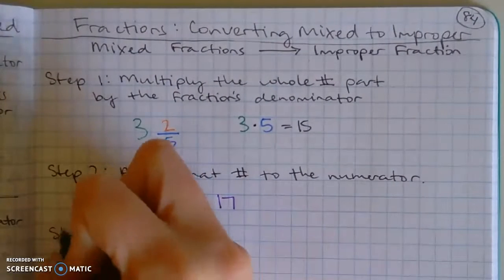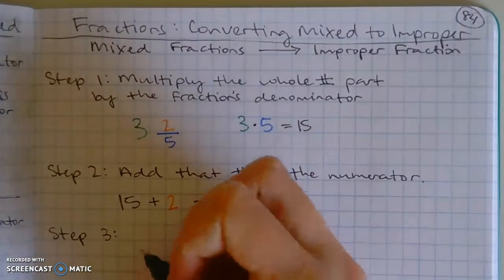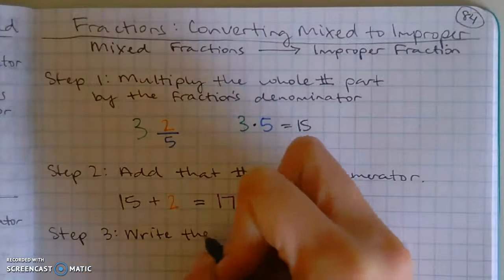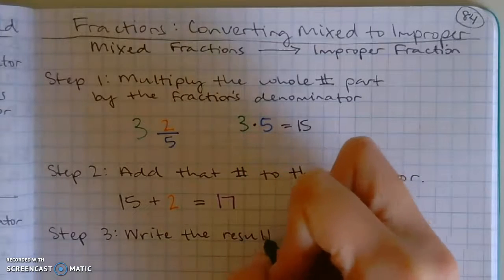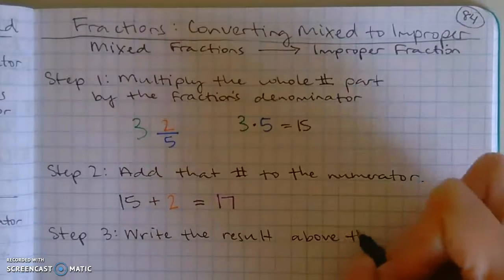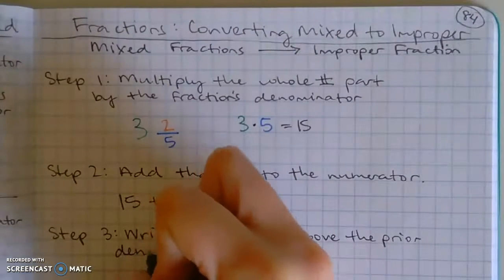In our last step, step 3, I'm going to write the result above the prior denominator.